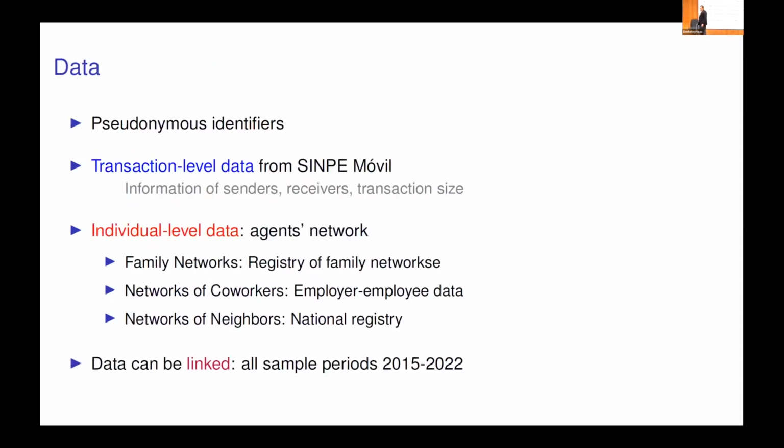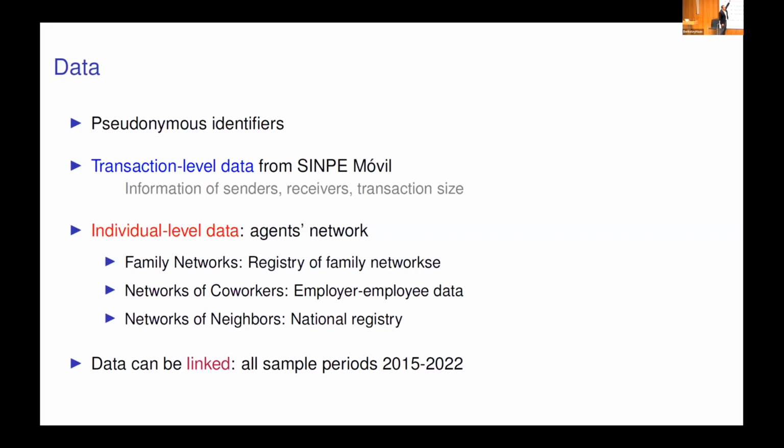Okay, so what's the data that we have? We have pseudonymous identifiers of all these data sets. Mainly, we have the transaction level data, the universe of transactions for this app in Costa Rica. So we have information on the senders, the receivers, the transaction size.